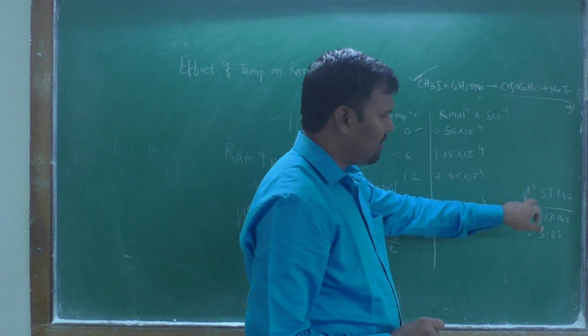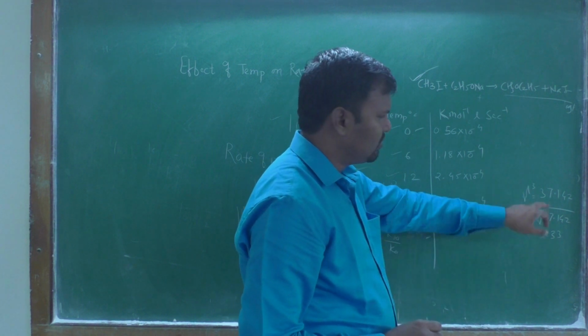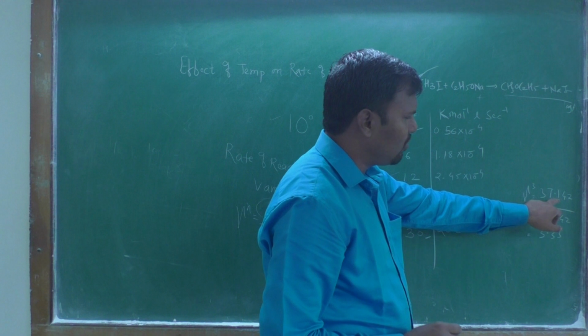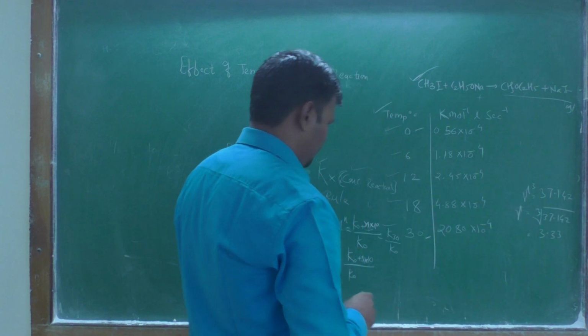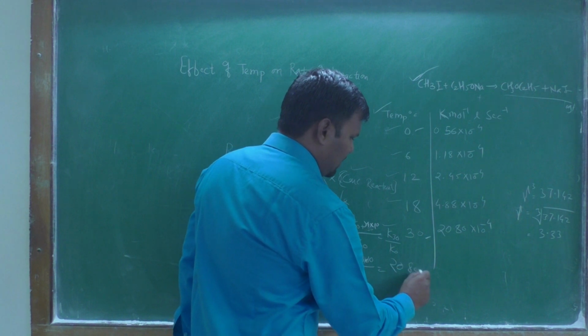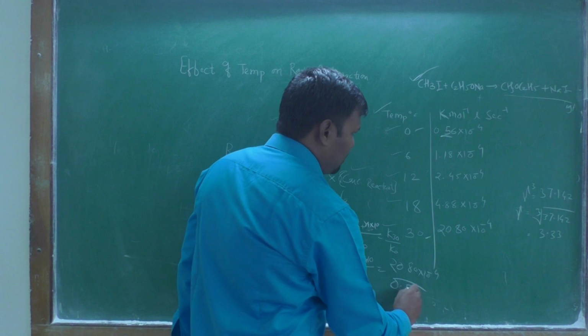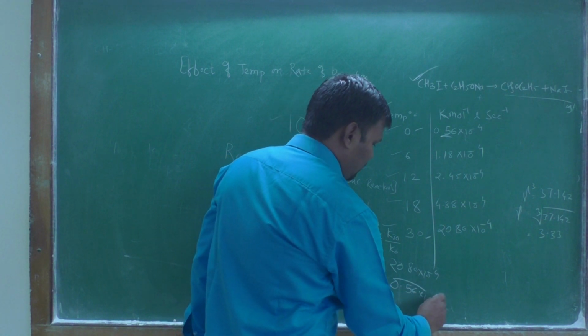It is found that gamma raised to 3 is equal to 37.142. In this case we put the values 20.80 into 10 raised to minus 4, and for 0 we put the value 0.56 into 10 raised to minus 4.